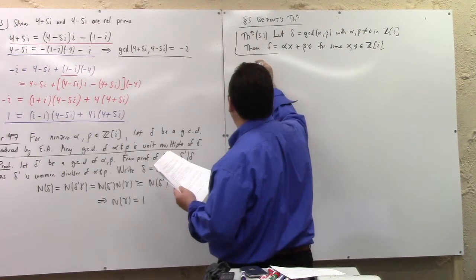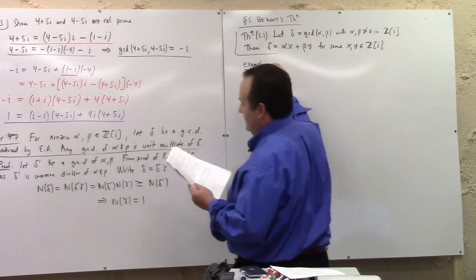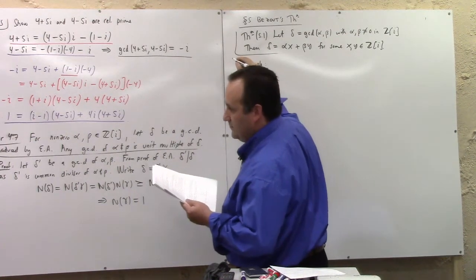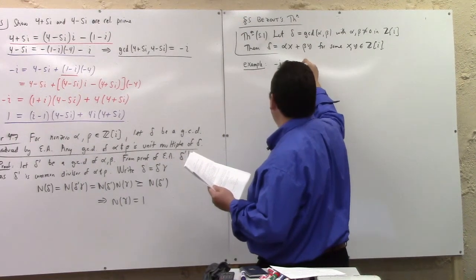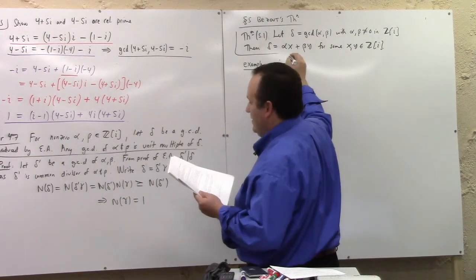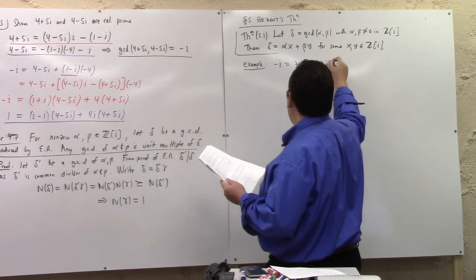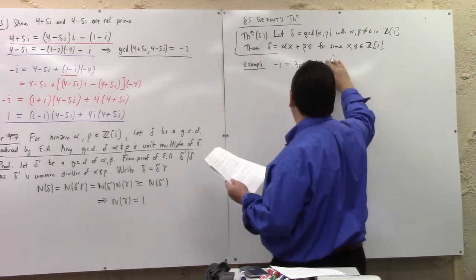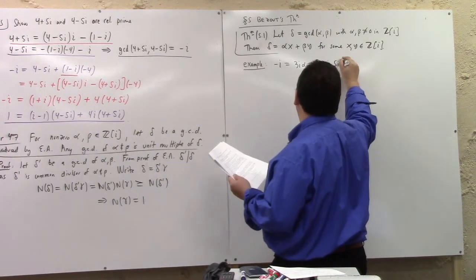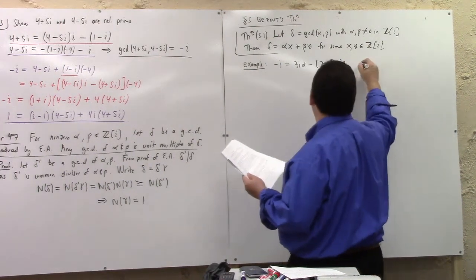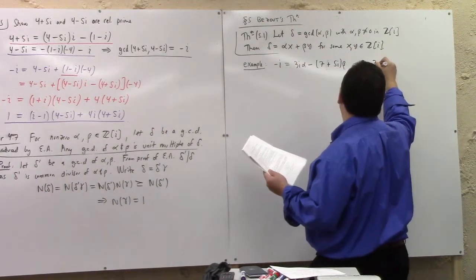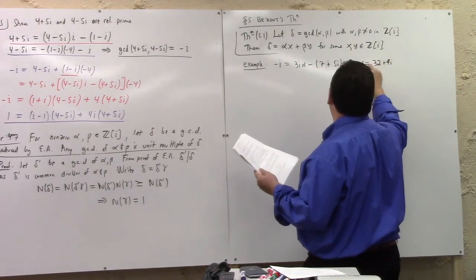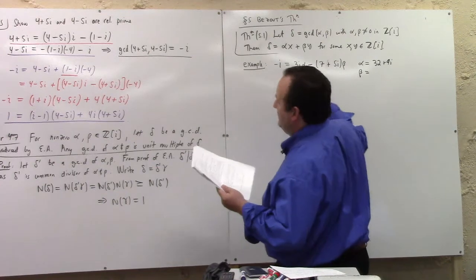The example that we just calculated was minus i equals 3i alpha plus minus 7 minus 5i beta, when alpha was something ugly, wasn't it? 32 plus 9i, and beta was 4 plus 11i, right?